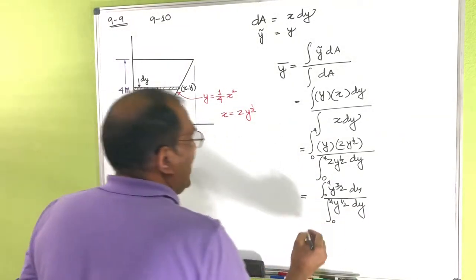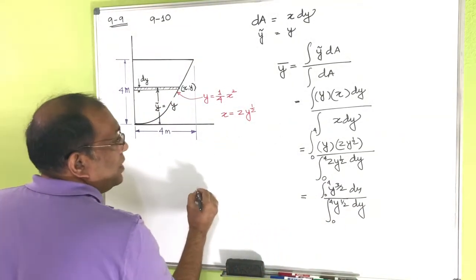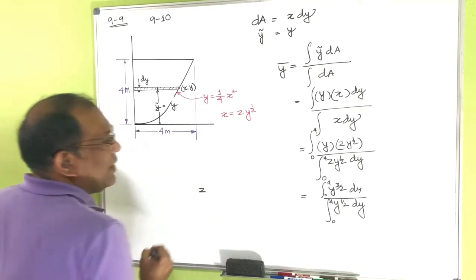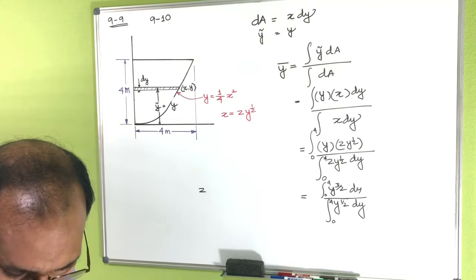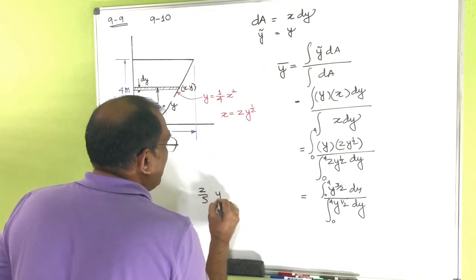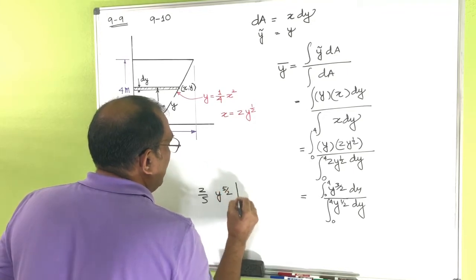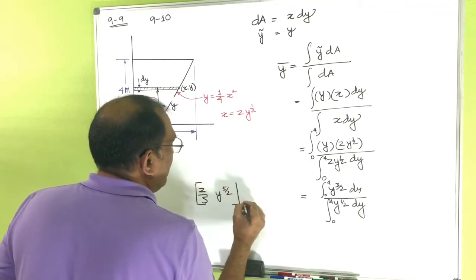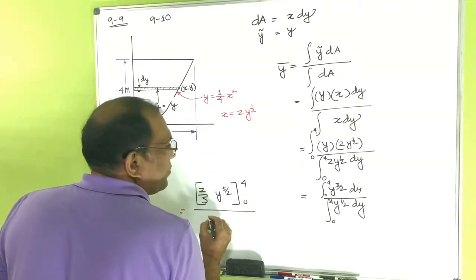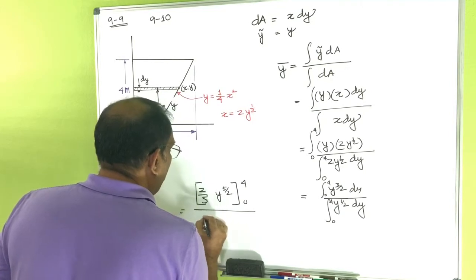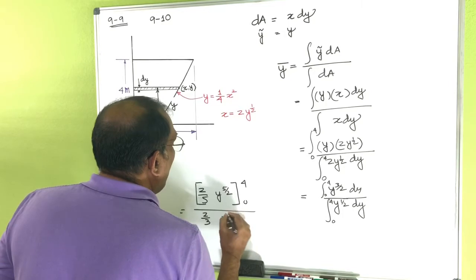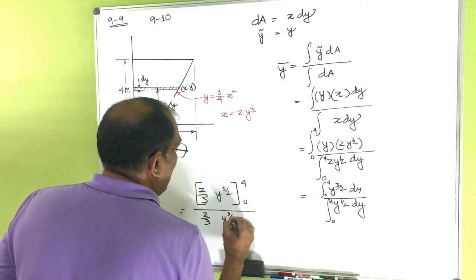So if you integrate that one here, that would be 2/5 of y to the power 5 by 2 and 2/3 of y to the power 3 by 2.